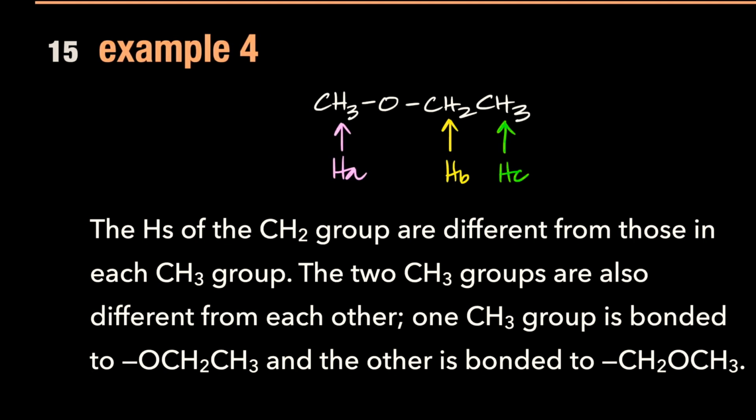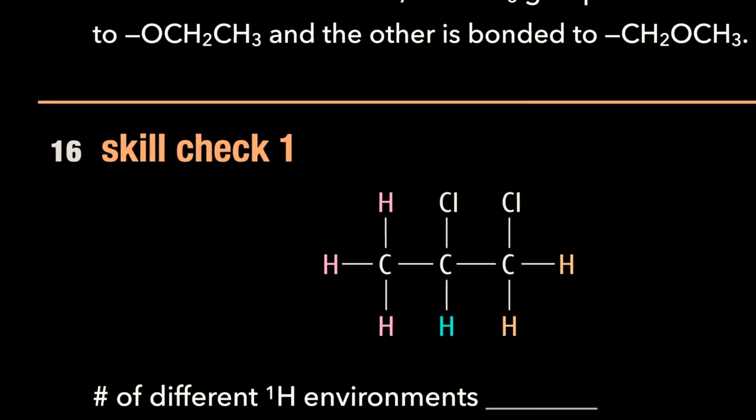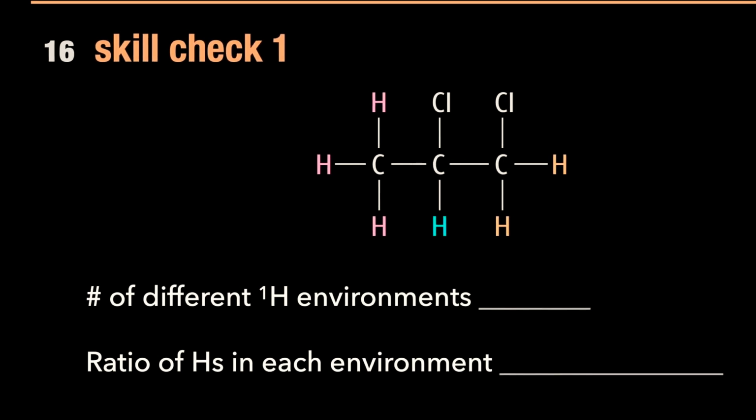So let's look at some examples right now. Let's look at the slide 16 skill check question. So here I've got a molecule that is CH3CHClCH2Cl. Sometimes it helps to write it in the condensed form, CH3, CHCl, and CH2Cl. Now look at this way, I clearly can tell there are how many different environments? 3. CH3 is 1, this is 1, and these two are 1.